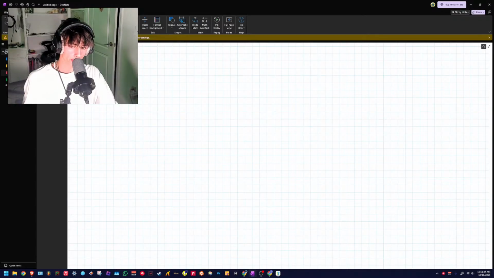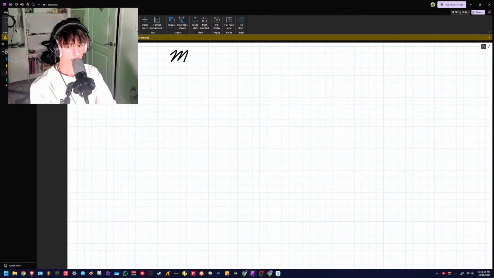what are our motion vectors? So let's say M is a type of motion. That could be velocity, that could be acceleration, that could be whatever.